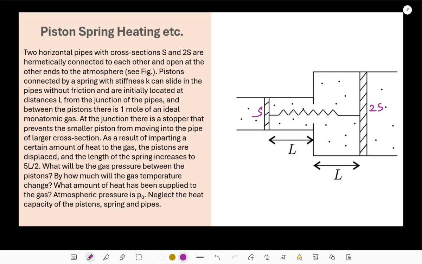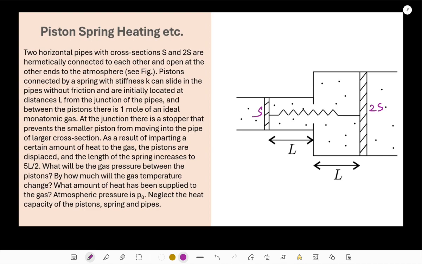Okay, and that means they were initially not displacing. That means a spring was at its natural length. If there is no friction and a spring is unstretched, then only they can be at rest.